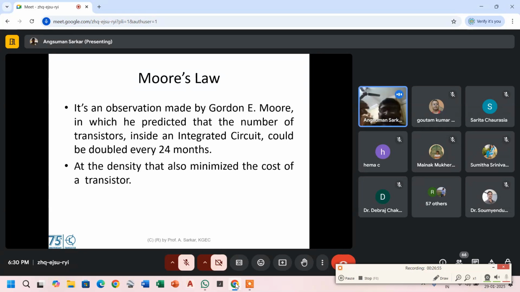But later, as the transistor became much shorter, and as they entered the nano dimensional regime, that idea couldn't be fulfilled in future. That is called the failure of Moore's law. Actually, Moore's law failed in that case, and there comes the invention of the necessary technologies that we'll talk about.